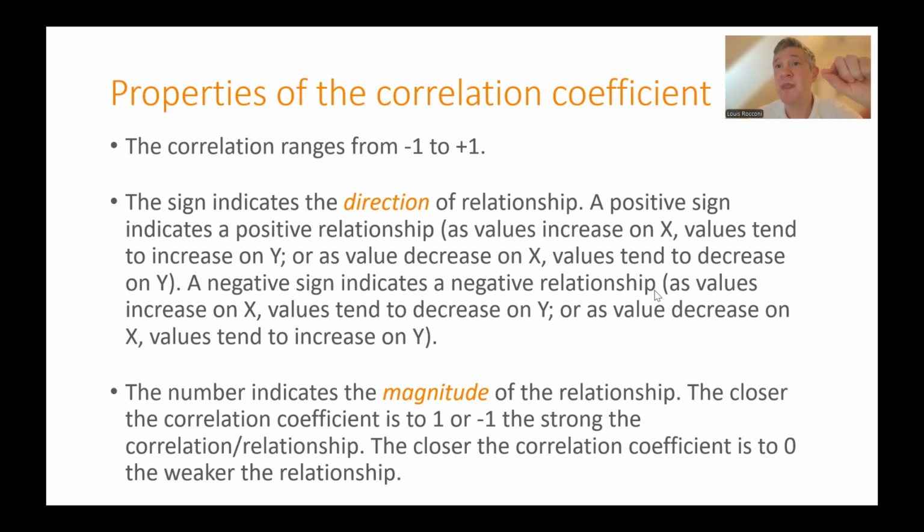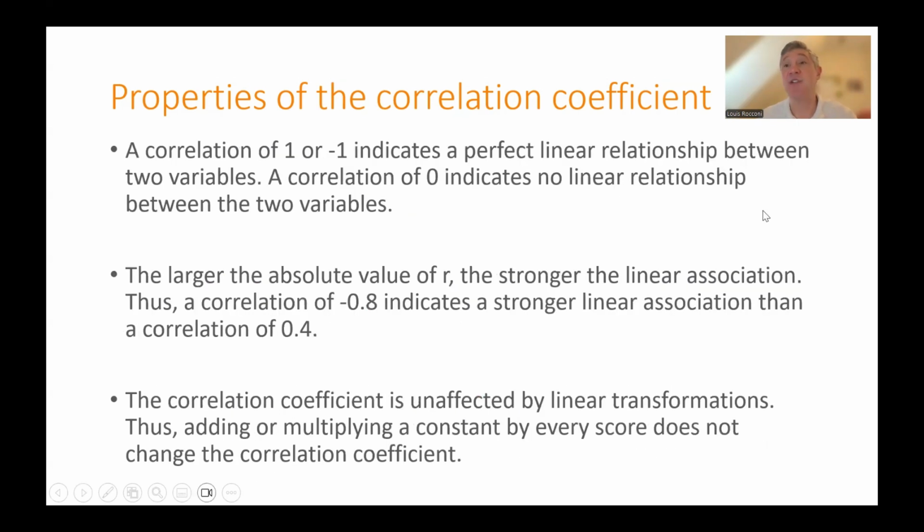The number indicates the magnitude of the relationship. The closer to 1 or -1, the stronger the relationship. The closer to 0, the weaker the relationship between the two variables. A correlation of 1 or -1 indicates a perfect linear relationship, and a correlation of 0 indicates there's no linear relationship.